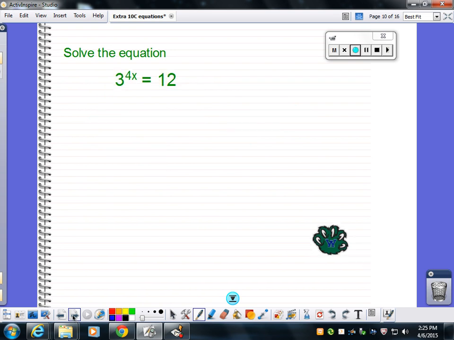All right. Here's another problem. Write that one down. All right, what's happening here? Well, 3 and 12 we can't rewrite with the same base. So if we can't rewrite with the same base, what's our next step? Hopefully you said change the form. And that's exactly what I did.